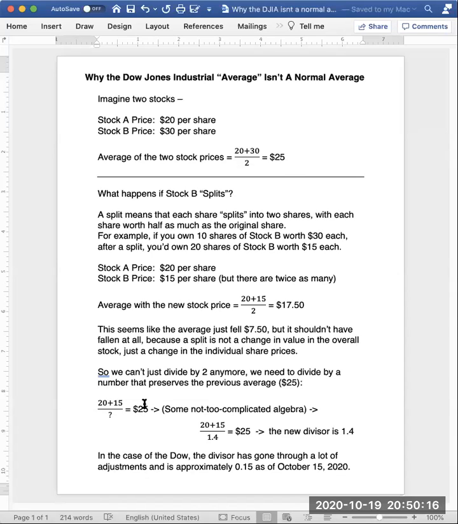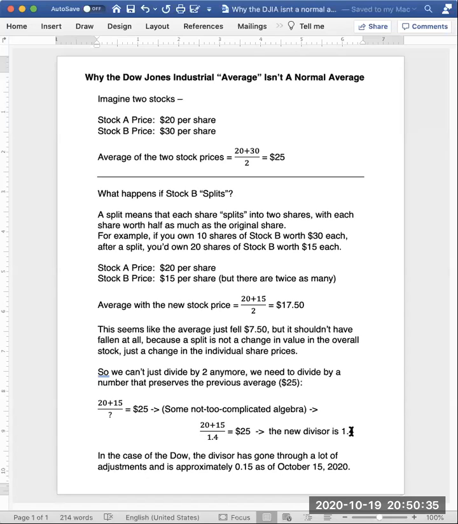I want to get $25. So I go through some not too complicated algebra, which I'm happy to show you. I just didn't write it out because I ran out of room. And it turns out that that number is 1.4. If I add 20 plus 15 and then divide that sum by 1.4, I get $25.